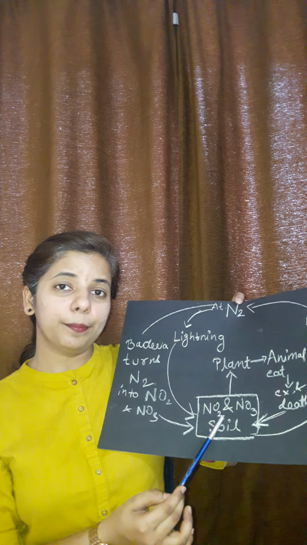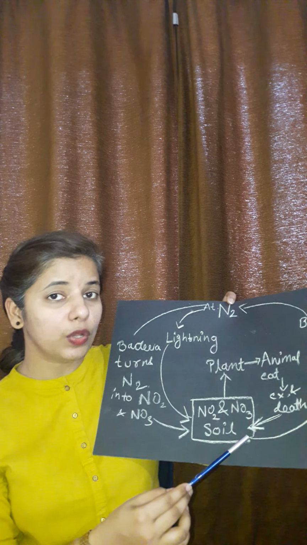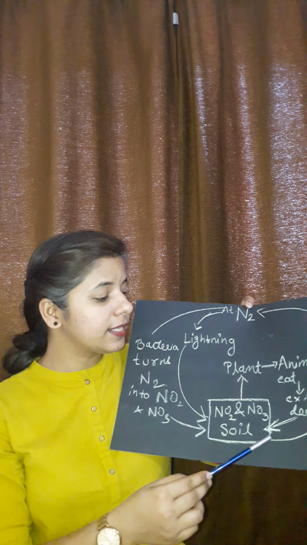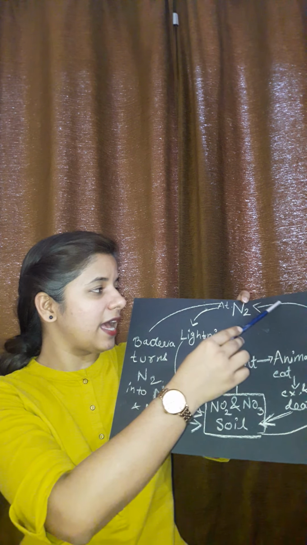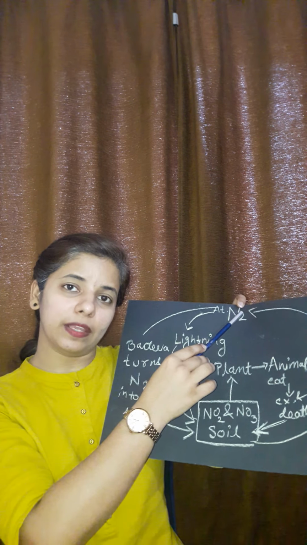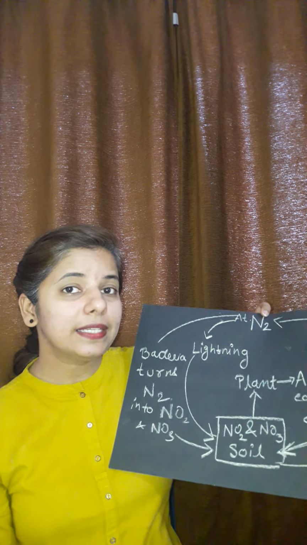And when the decomposition goes on further, due to the reactions going on in the decomposition, some amount of nitrogen in the form of gas is again released and goes back to the atmosphere. So in this way, the nitrogen cycle gets completed.